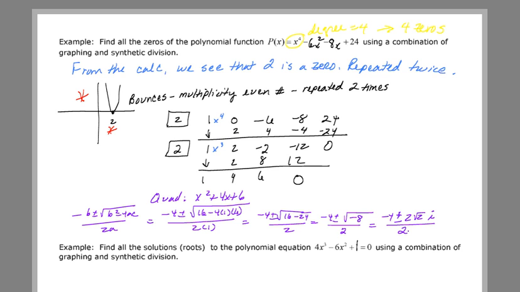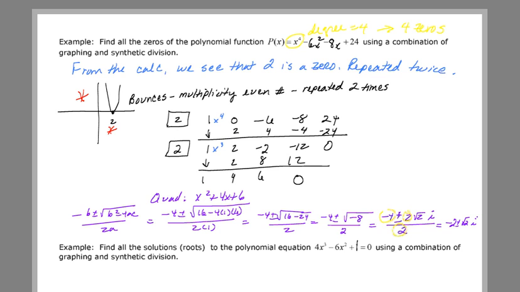Notice the i is not under the radical, it's completely separate from that. And finally, this result is going to reduce since all 3 of these numbers are divisible by the same amount. I end up with negative 2 plus or minus the square root of 2 with an i hanging around at the end.